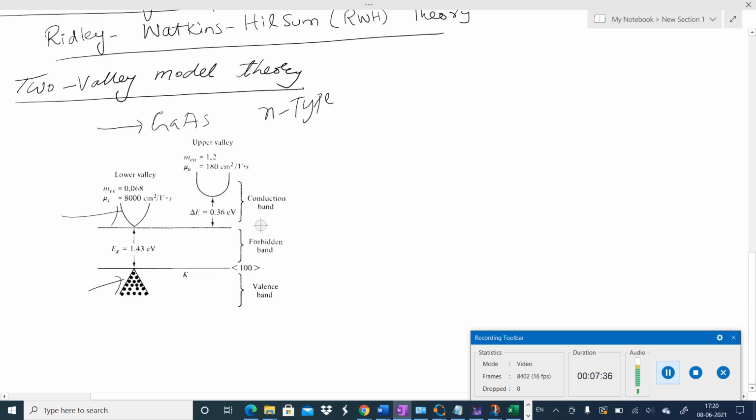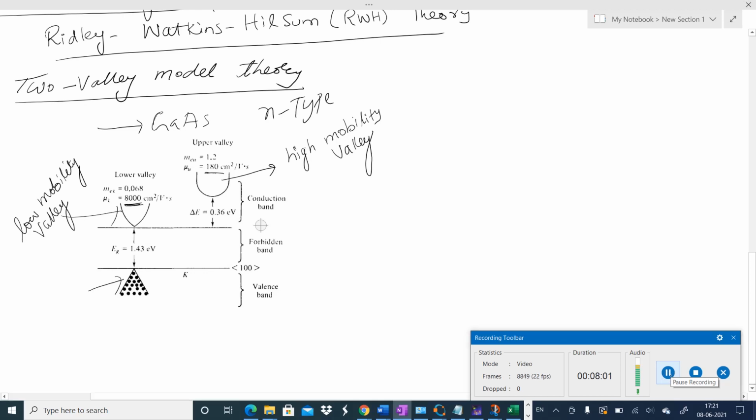You can see that the mobility of electrons in this conduction band is 8000 centimeter square per volt second, and the mobility of electrons here is 180 centimeter square per volt second. So we call this the high mobility valley, and this the low mobility valley.